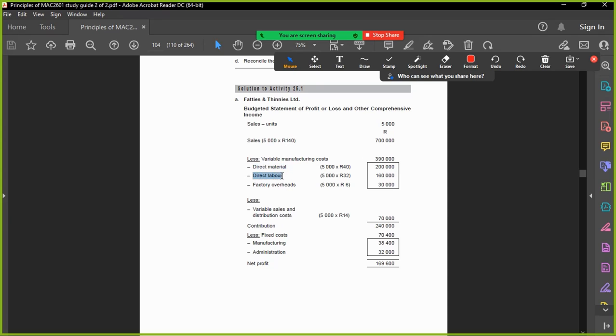Maybe workers were more efficient. Maybe overheads weren't as expensive because there was a drop in the fuel price. Do you see where I'm going with this? So the reconciliation is basically an explanation of all the variances and what contributes to that big difference, that 8,000 that we saw in the net profit. Does that make sense?